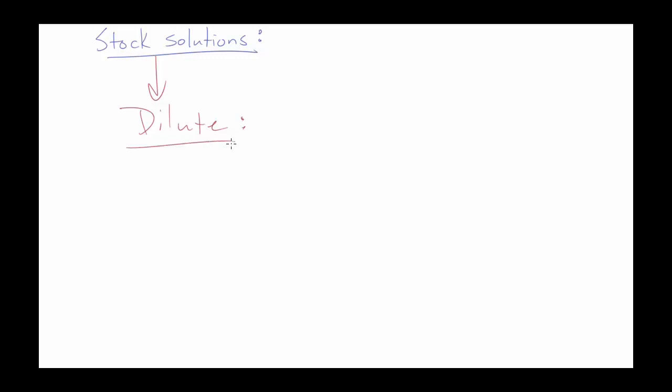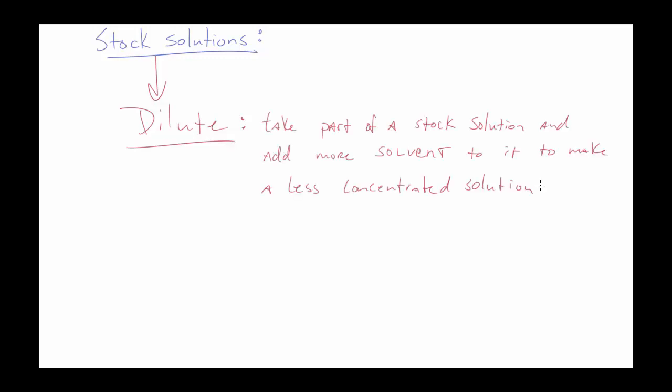The definition of a dilution that you need to understand is that we take part of a more concentrated solution and add more solvent to it to make a less concentrated solution. Let me go ahead and write that out for you. Having it down here on the page, you can read it: taking part of a stock solution and adding more solvent to it to make a less concentrated solution.